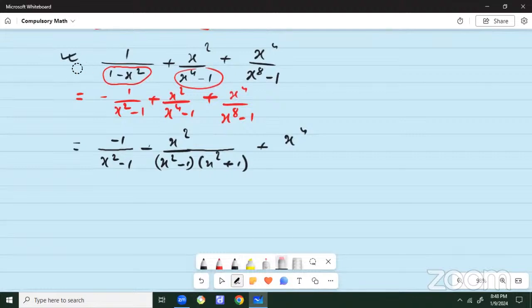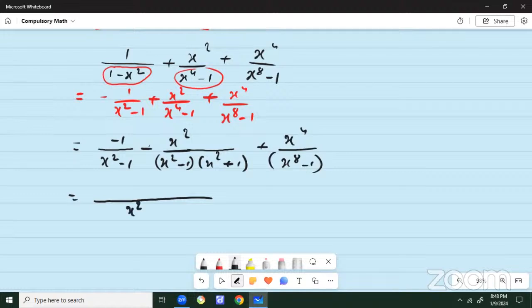Can you hear me? Ayush, let's try this number as well. After this, I think you can try. The LCM would be x squared minus 1, x squared plus 1, and negative 1 will multiply x squared plus 1 minus x squared.